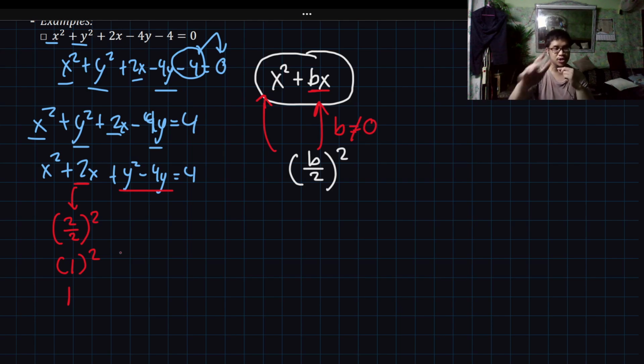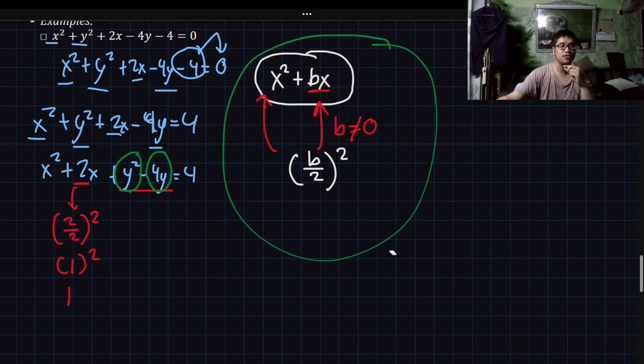Now let's proceed to y squared minus 4y. If you observe, it has a second degree term, in this case a squared term, and a first degree term, basically just a letter that doesn't have an exponent other than 1. So here we can apply completing of square.